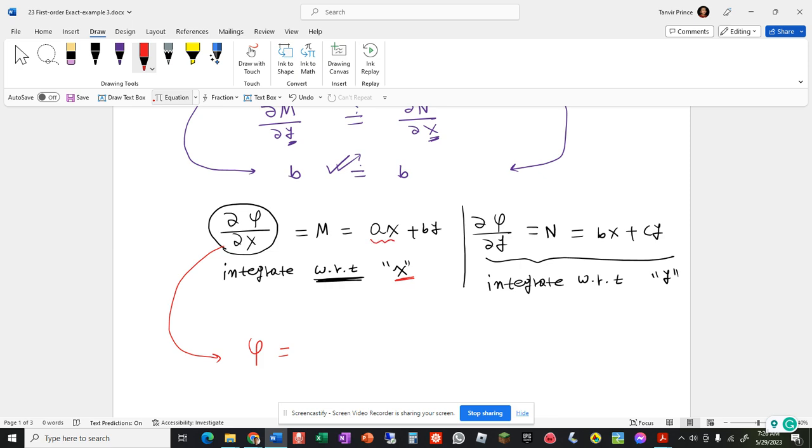If we integrate ax, that's going to be a times x squared over 2, plus by is like a number, so when you integrate with respect to x, that's bxy, plus any function of y.